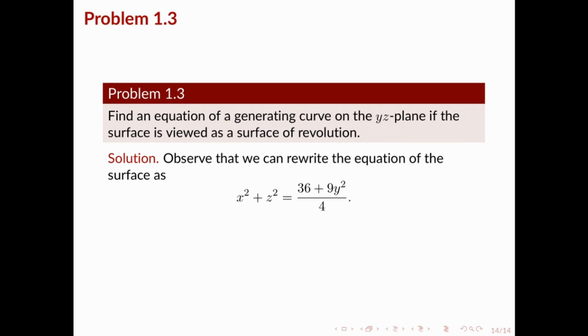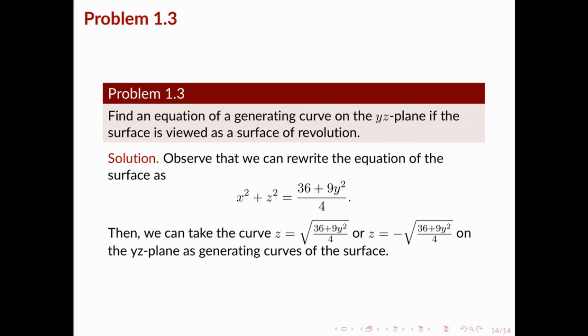And so we just take the square root and equate that to z, just like what we were discussing before with rotating something around the y-axis. We have z equals f of y. So we end up with two square roots, right? Positive and negative square root of 36 plus 9y squared all over 4. And we can take either of those on the yz plane as generating curves of the surface.